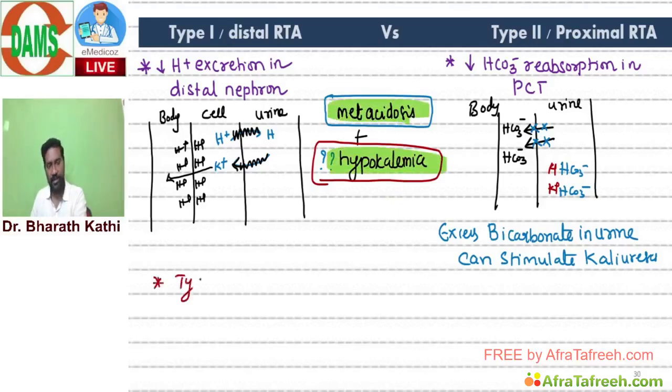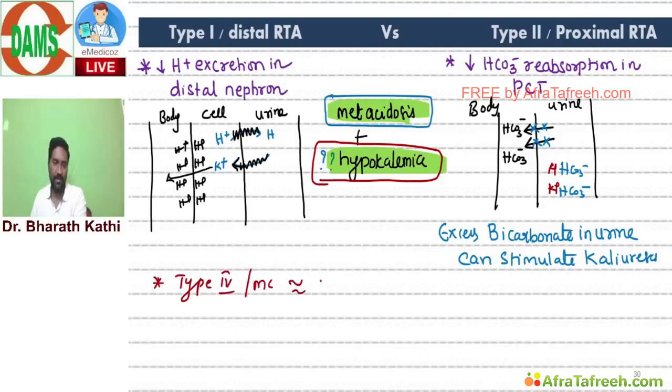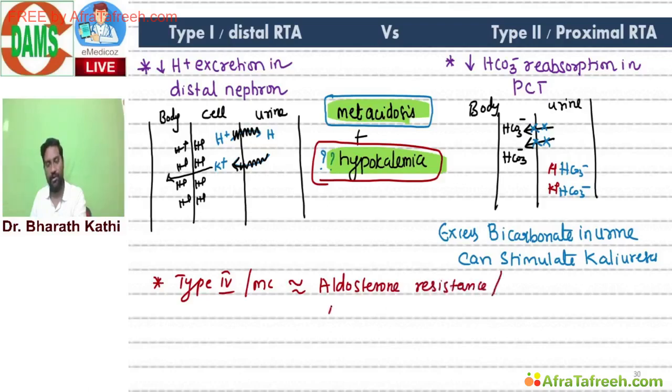Whereas type 4 RTA is the most common type. This is generally due to either aldosterone resistance or aldosterone deficiency. In the body, aldosterone is less or aldosterone is not functioning.